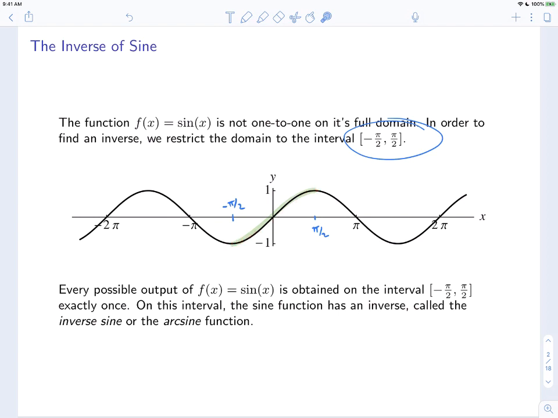So we see that every value of sine is obtained on this interval, and each one of those values is obtained only once. So we do have a one-to-one function here. So on this interval, the function is invertible. And we call the inverse of this function the inverse sine, or, as it's also known, arcsine.